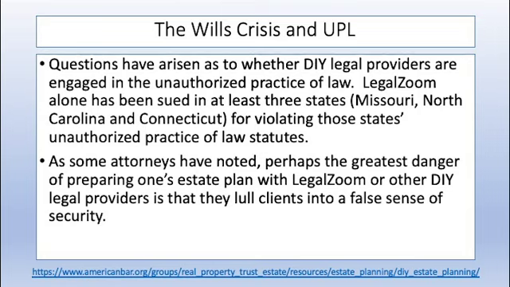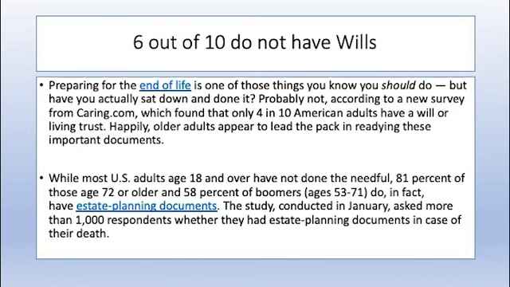discussion about that. And 6 out of 10 people do not have wills. And it's the surveys that show from caring.com, only 4 in 10 Americans have a will or living trust, even though older adults do.